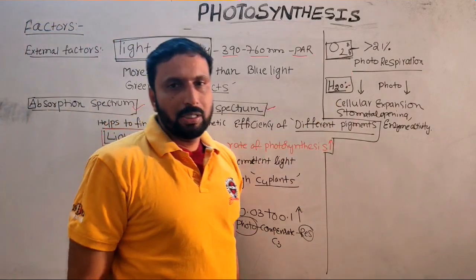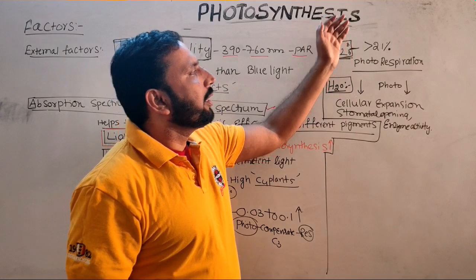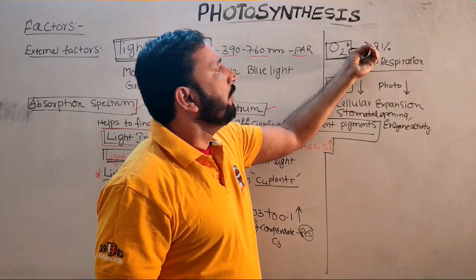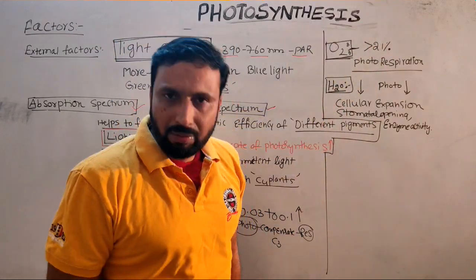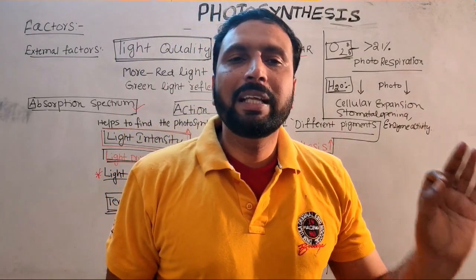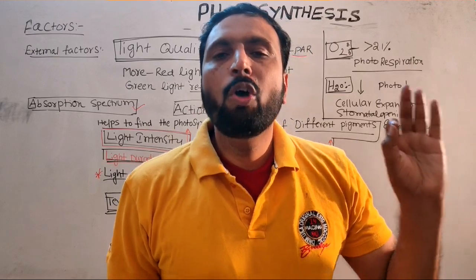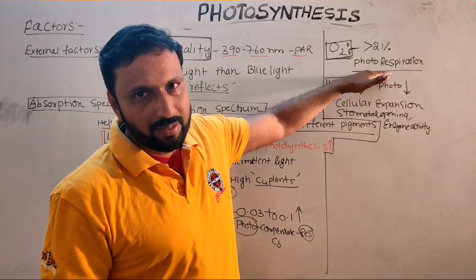Then when you go for oxygen, generally when the oxygen concentration in the atmosphere increases more than 21%, Rubisco acts as oxygenase. So that is why an energy wasting process called photorespiration takes place.